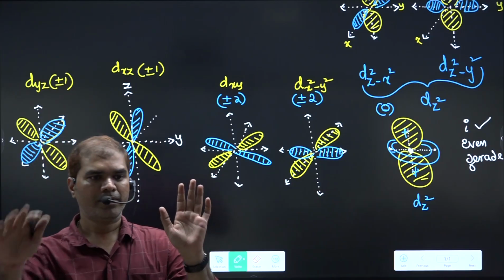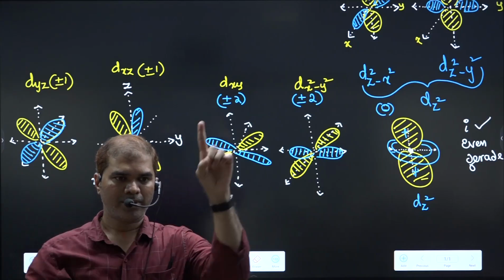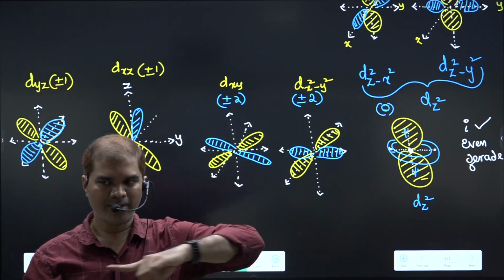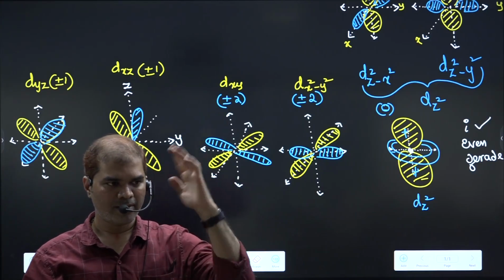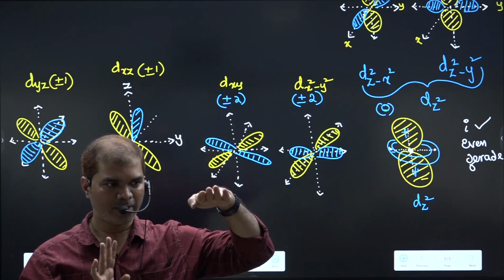Yesterday I told you, just for a minute you watch and then you can draw. Supposing that this is z, x and y, these are the three coordinates: xz plane, yz plane, xy plane, 3 planes and 3 coordinates.